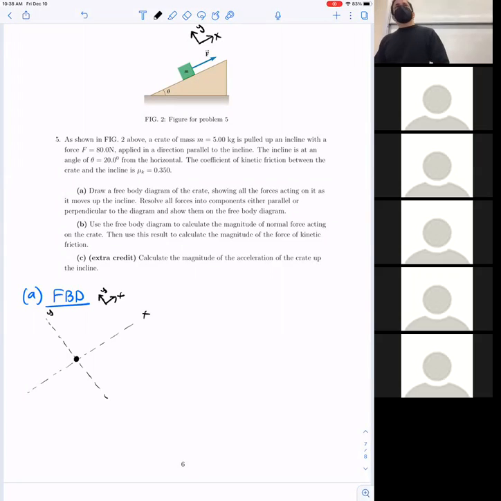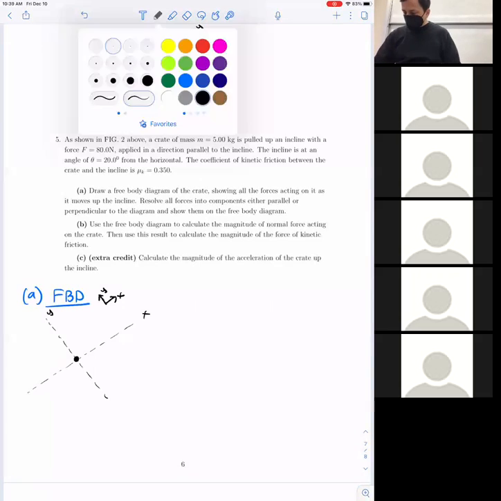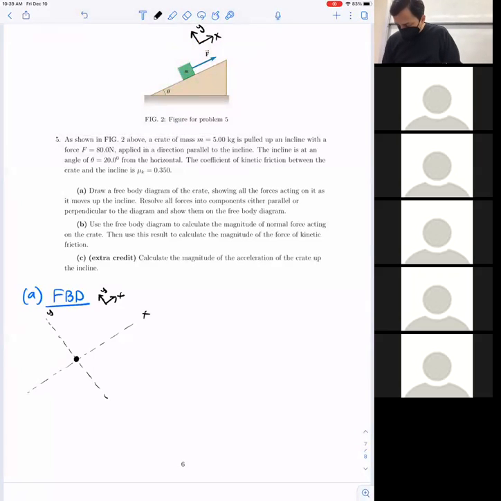So the first thing, there's the force of gravity. Its weight is always going straight down towards the earth. So that means I can go ahead here and draw my force mg straight down. Right? Gravity doesn't care that you're sitting on an inclined plane. It's always pulling you towards the surface of the earth. So that's mg.